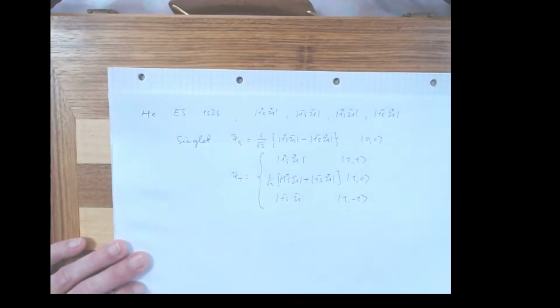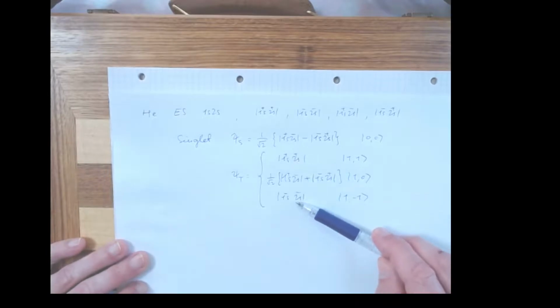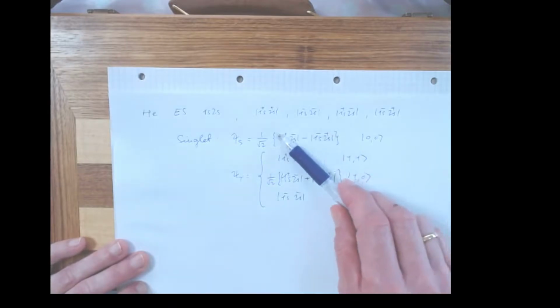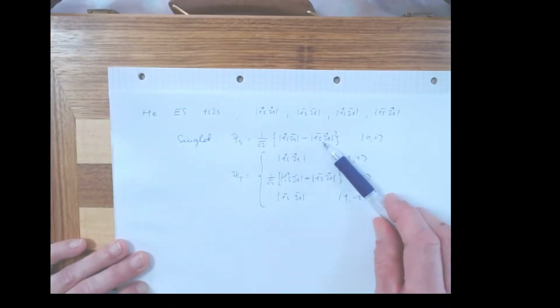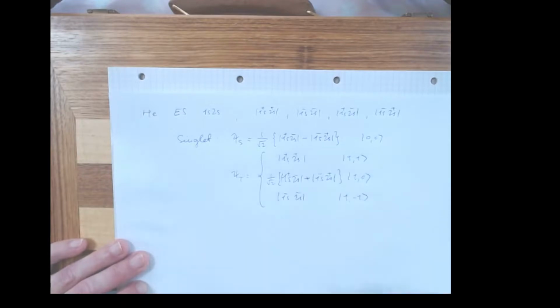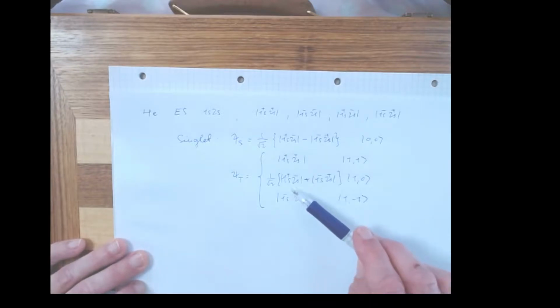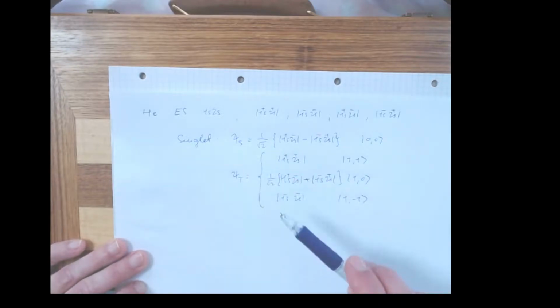And again, on physical grounds, we expect the energies of those 3 states here to be the same, but possibly different from what we get in the singlet case. So now we would like to use our rules to compute the expectation values for these states.